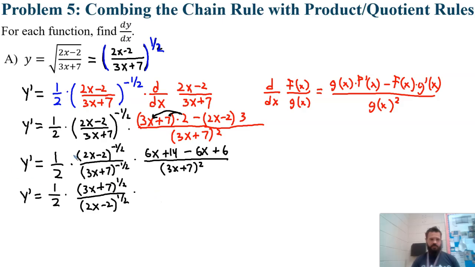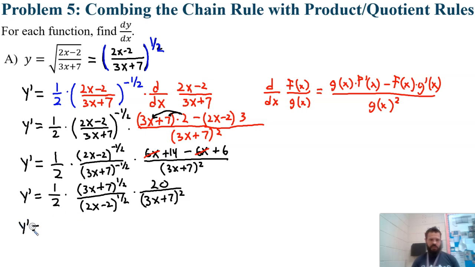All right, times numerator here, 6x and negative 6x will cancel. I can combine the 14 and the 6. So that'll be a 20 over 3x plus 7, still squared. All right, so things are getting a little nicer.